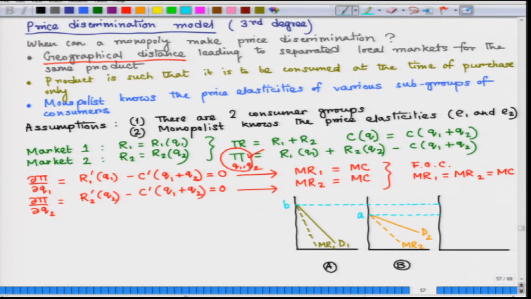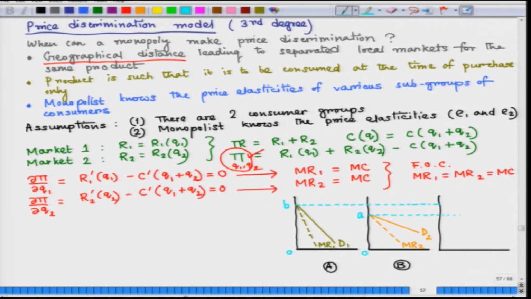Now, let us look at the intercept of the demand function and marginal revenue function in market 1. So, this intercept along the price axis is denoted by say point B. So, if the market price is higher than OB, then there will be 0 demand in market 1 as well as in market 2. So, for prices up to level OA, the demand emerges only from market 1.